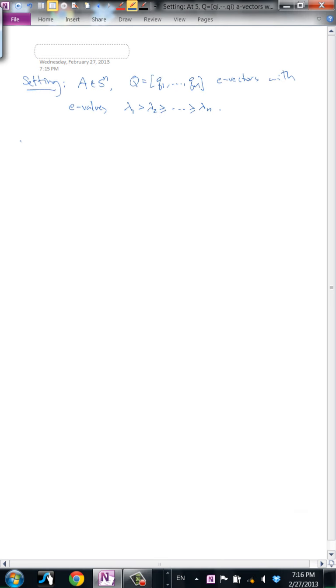So from the definition of the iteration of the power method, at the kth iteration we're looking at A to the k times q of 0, normalized.